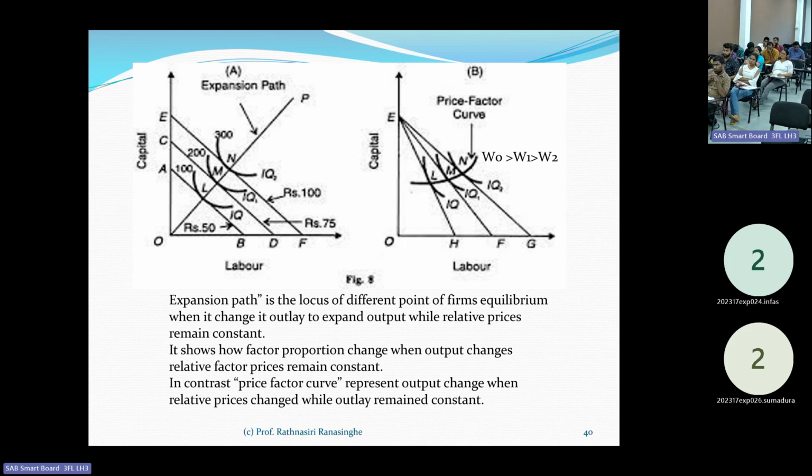Combining those optimal combination points, we can identify the factor price line. Here the cost changes in the expansion path, but the total outlay does not change; here the price changes.